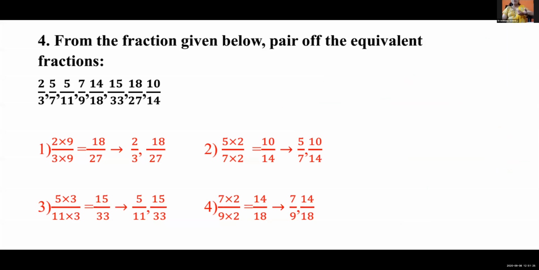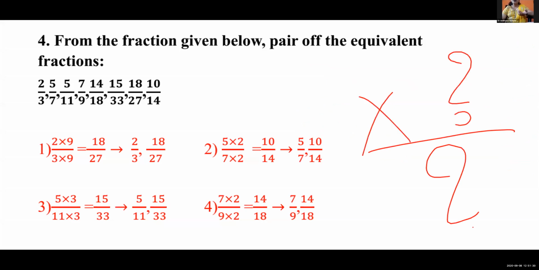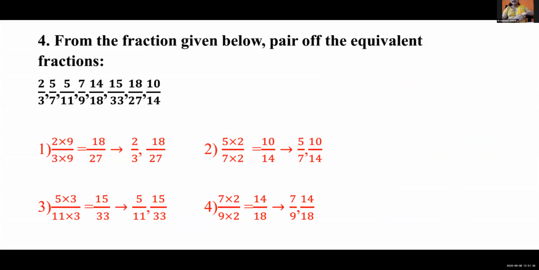Okay? हमें सिर्फ डिनोमिनेटर नहीं देखना है, हमें न्यूमरेटर भी देखना है, जिससे हम अगर सेम मल्टीप्लाई या डिवाइड करते हैं तो हमें दोनों के आंसर सेम मिलने चाहिए. ऊपर का अलग नंबर से मल्टीप्लाई किया, नीचे का अलग नंबर से, we are not doing like this. We are using the same divisor and the same multiplier. If we are doing division, that time we are using the same divisor in the numerator and in the denominator also.